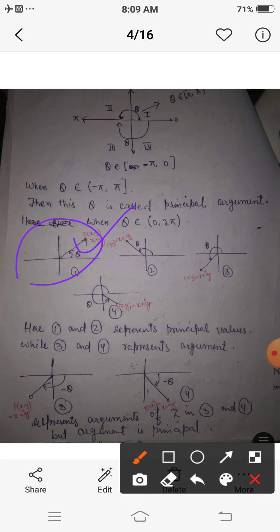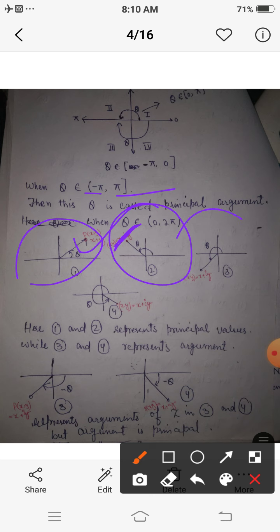Now in the second quadrant, if the complex number lies in the second quadrant, the value of theta is between 90 and 180 degrees. This is in the positive direction, hence it is again the principal argument, because the value of the principal argument lies between minus pi and pi. Here the value lies between 0 and pi.